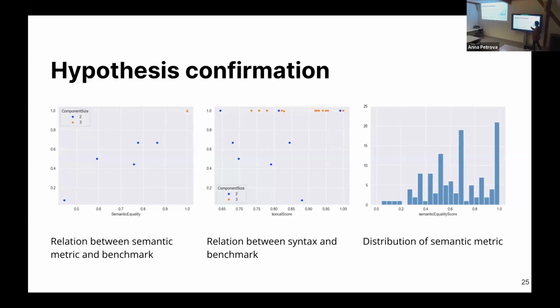This one is the same, but we use the lexical score instead of the semantic score. And this plot is just the distribution of the semantic score, the number of solutions in each bin.